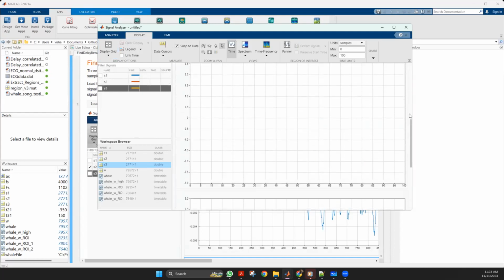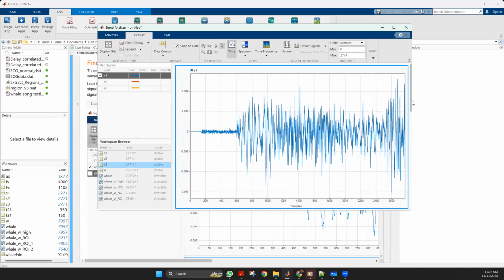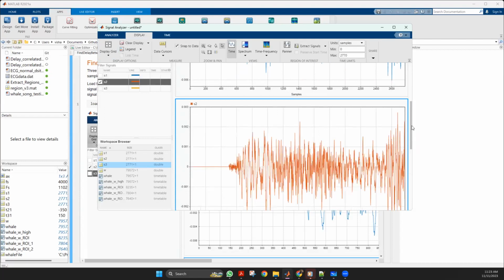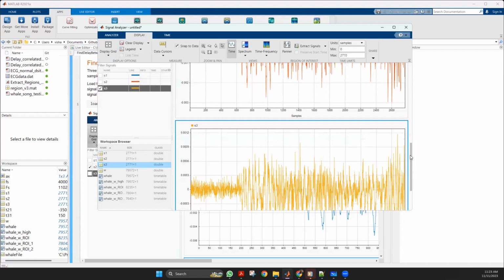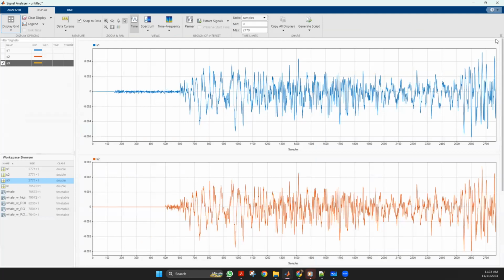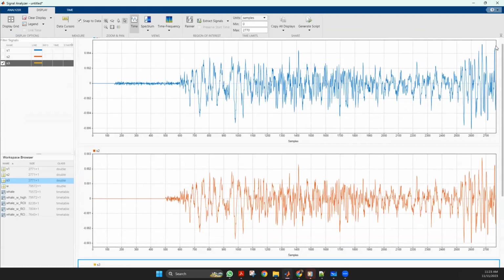and I can obtain the pattern of those signals. These are the three signals that I have taken.